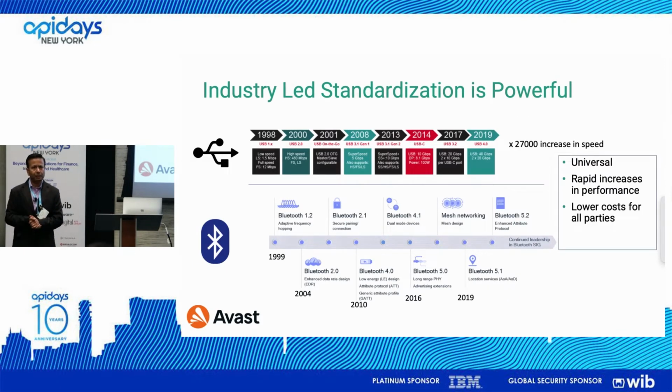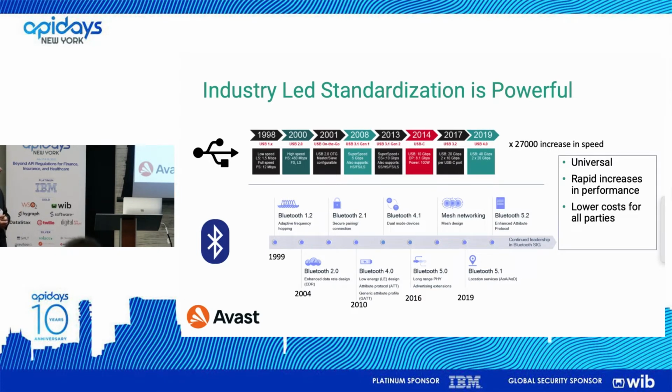To take some of the more tangible examples of where industry-led standardization has been extremely powerful, in short-range wired communications with USB and with short-range wireless communications with Bluetooth, there's been thousands of magnitudes improvement in speed and performance and functionality.